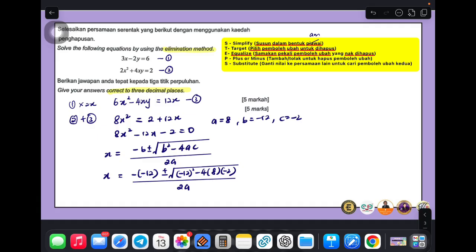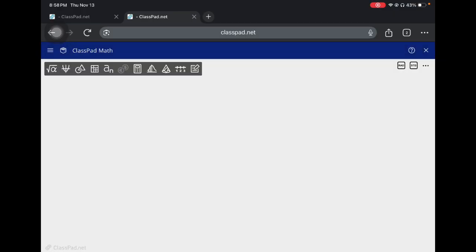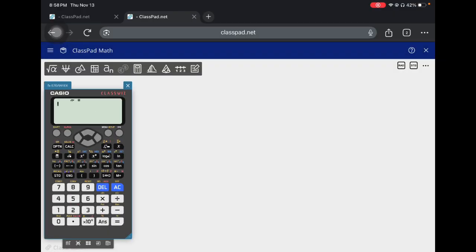This is 8x squared minus 12x minus 2. All right, so you're going to move on to the calculator, so you can check with the answer.